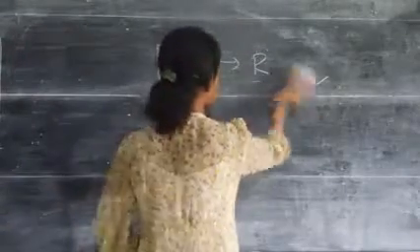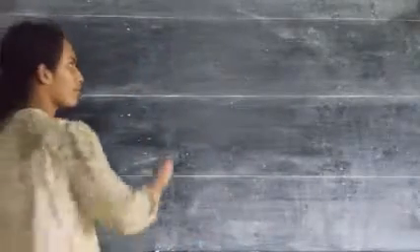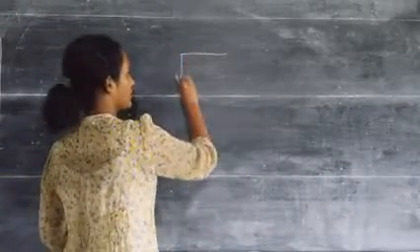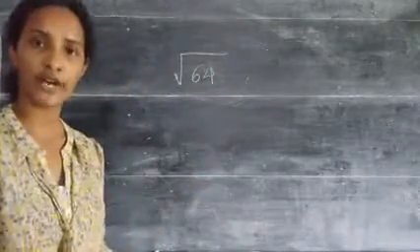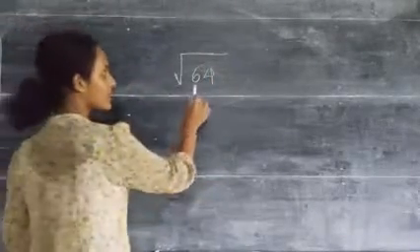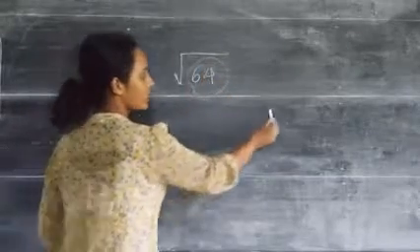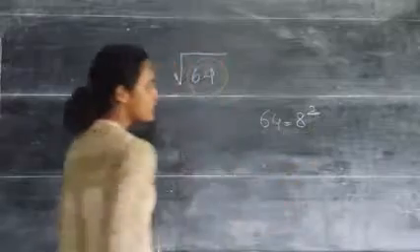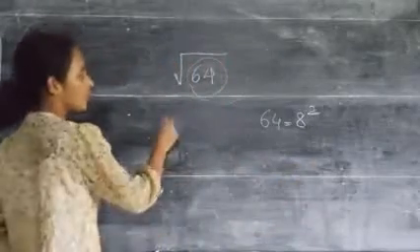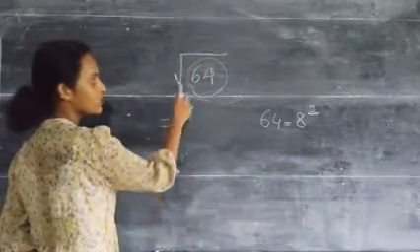So likewise, let's see a few more examples. Square root of 64. Is it rational or irrational? Now, you know that 64 is 8 square, right? So, how can you express this root 64?